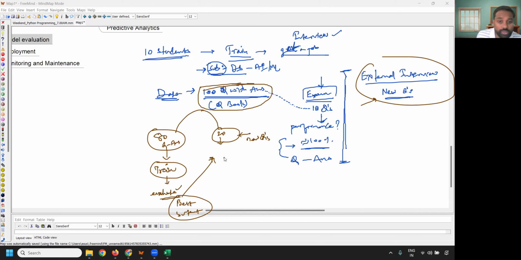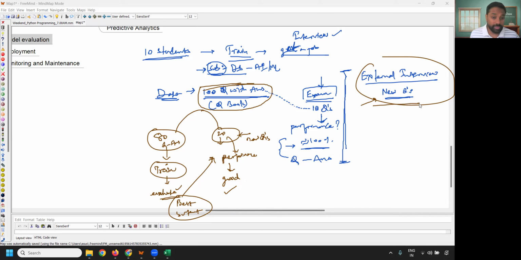Now, how does the student perform here? This is important for us. If the student performs well on these 20 questions, then yes, we can say the student is trained well on the subject, and we want this particular student to be sent to the external interview.